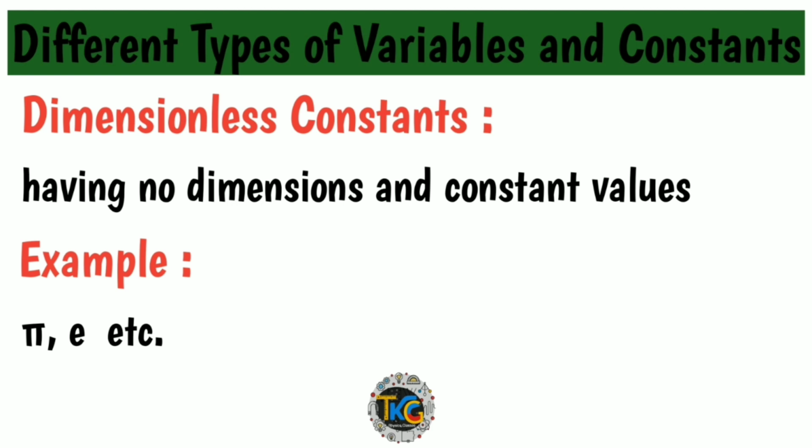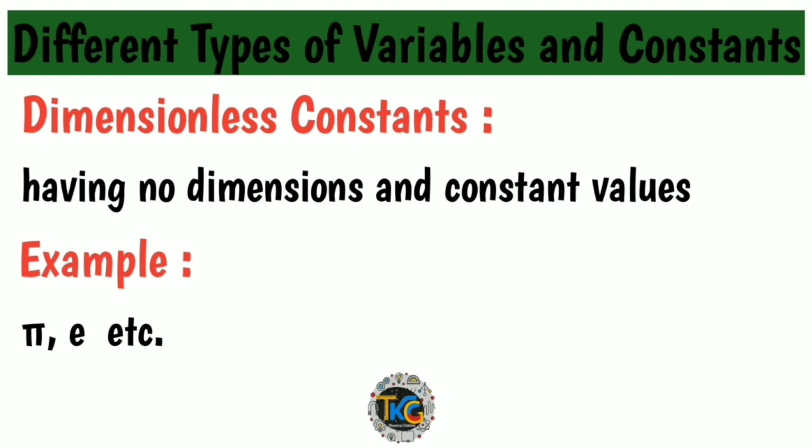The value of e is around 2.71828 and it has no dimension. So pi, e, and similarly any natural number are all examples of dimensionless constants.